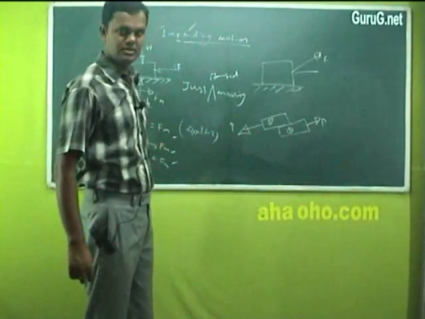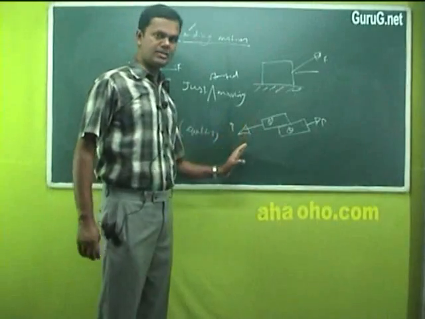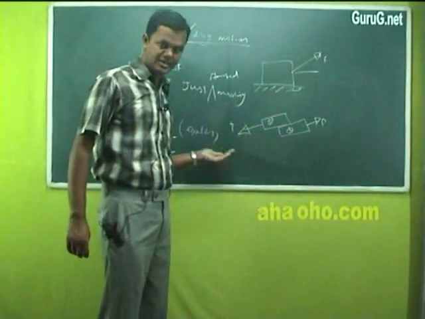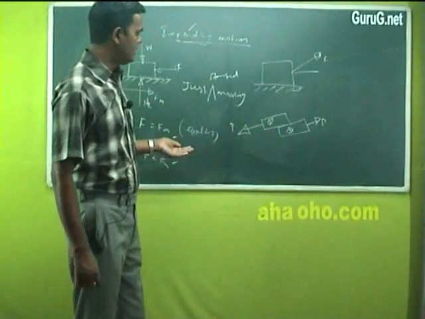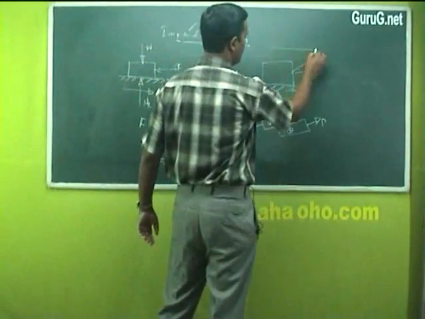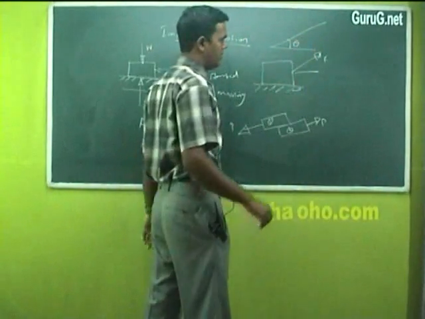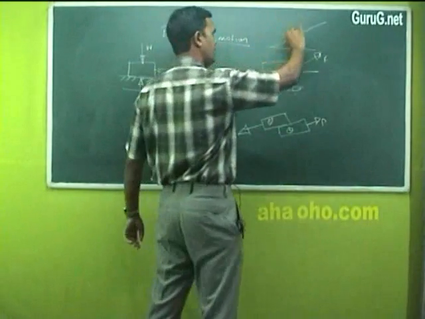This also is one step, wherein when the body is kept in an inclined direction, there also your impending motion comes into the picture, wherein I can indicate an inclined plane with some angle theta.